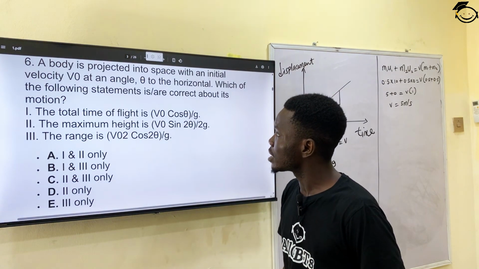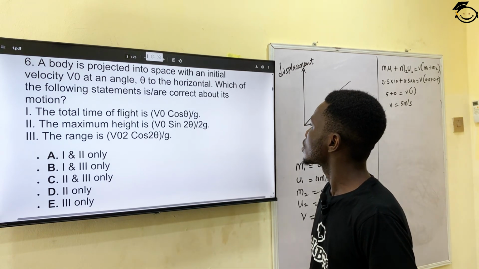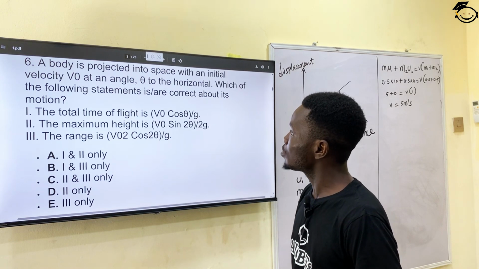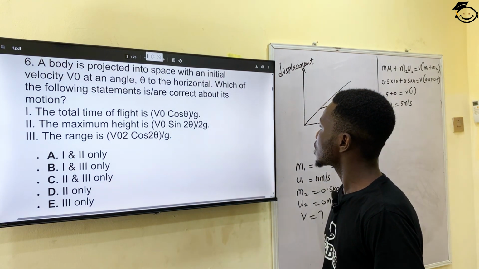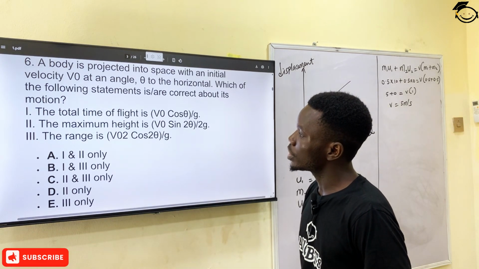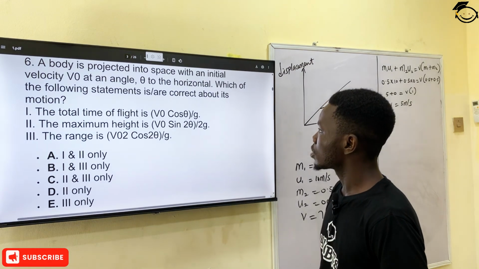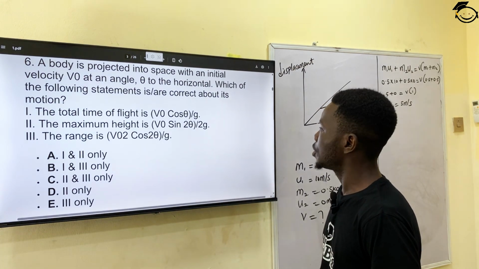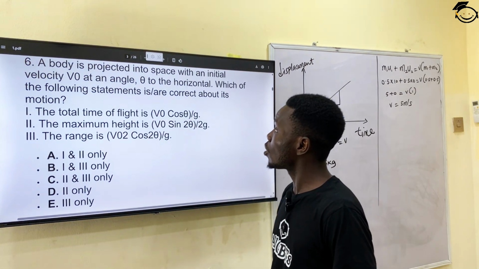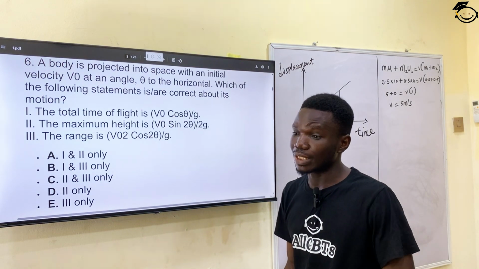Roman figure 1 says the total time of flight is v0 cos theta over g, and Roman figure 2 says the maximum height is v0 sine 2 theta over g. Roman figure 3 says the range is v0 square cos 2 theta over g. Looking at all of these options, none of the options is correct.